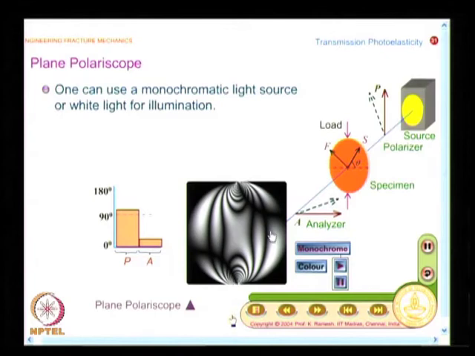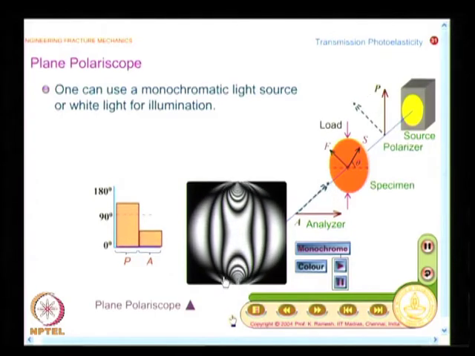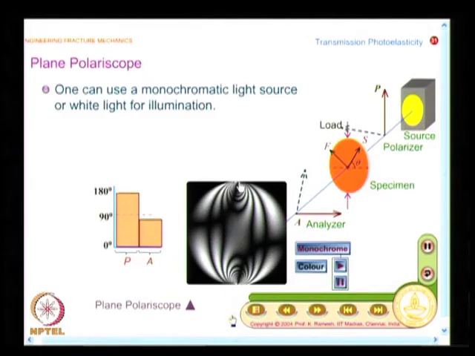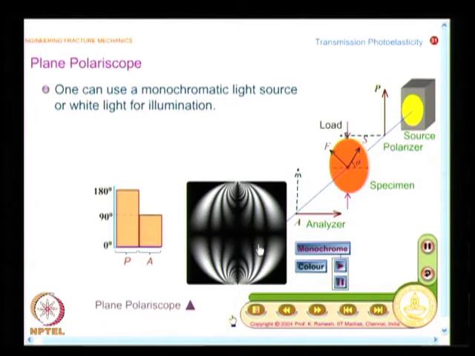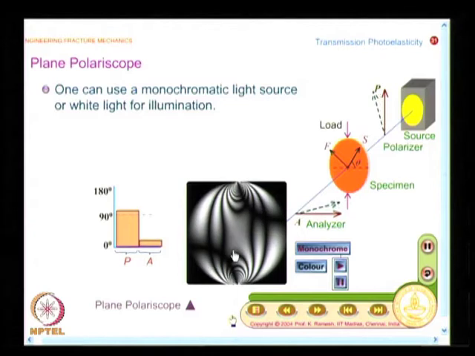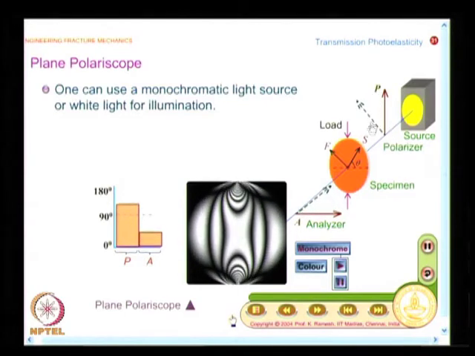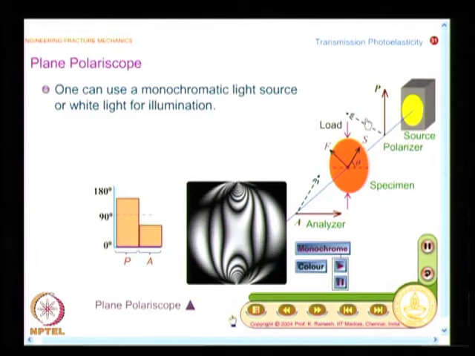When I rotate them, what I find is, one set of contours remain stationary, these contours keep changing and they sweep the entire model. And this dotted line shows that the polarizer and analyzer are rotated, kept crossed.